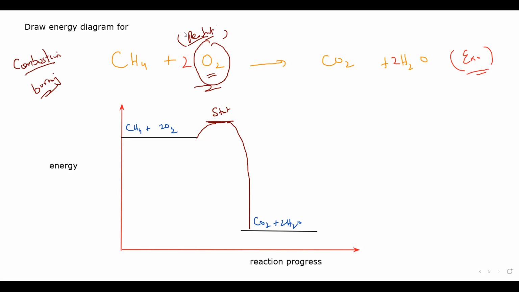The energy from the reactant to the start is called activation energy. We can write AE. And the energy from reactant to the product is called energy change, enthalpy change, or denoted by delta H. Is it clear how we can complete the energy diagram for an exothermic reaction?